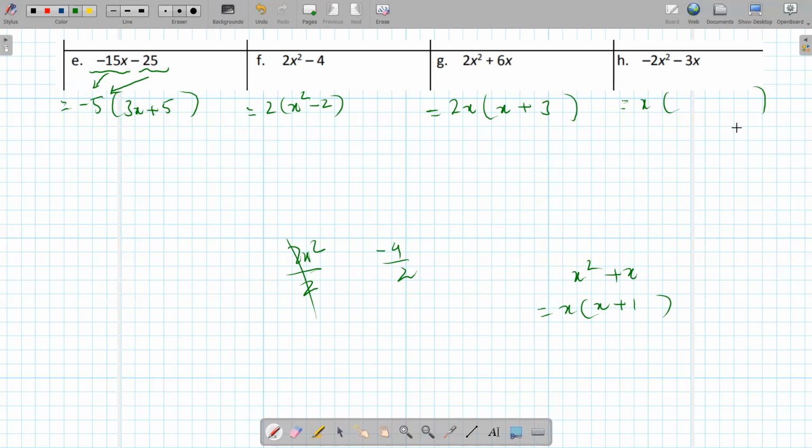Minus 2x now, right? X times what is minus 2x squared? Minus 2x. Do you add 3 or minus 3? So you want to do negative 3x over x. So minus 3. Okay, like that.